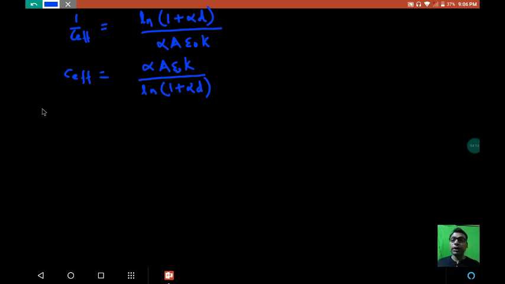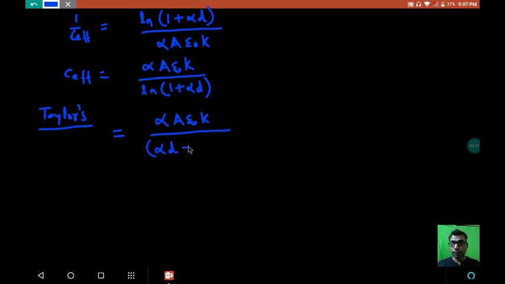Now we use Taylor's theorem to expand C effective: alpha A epsilon naught K by alpha d minus alpha square d square by 2 plus terms like this that go to higher orders.